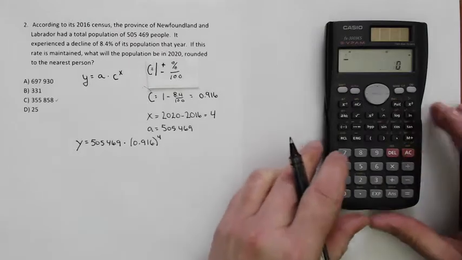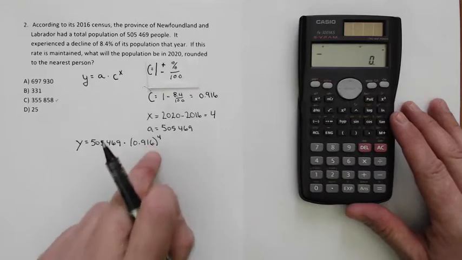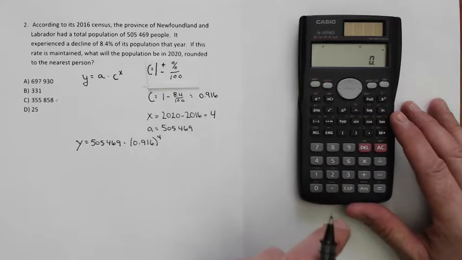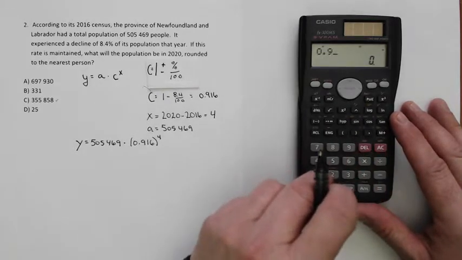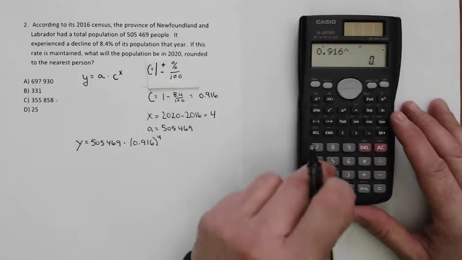I'm going to come over to my calculator, and I'm going to show you something quick in a second here, but first we'll do it this way. So we're going to go 0.916, and then we're going to hit my little chapeau to the power of 4.